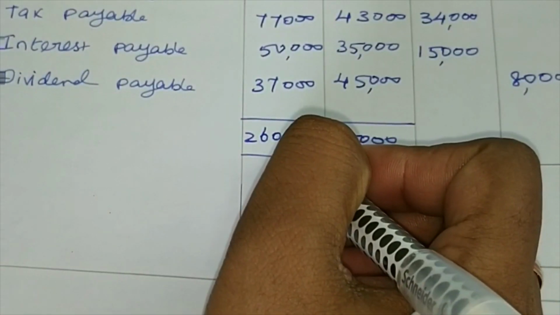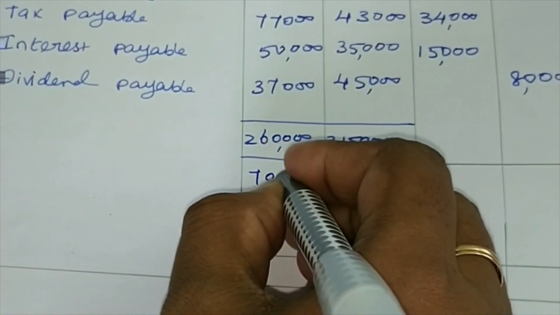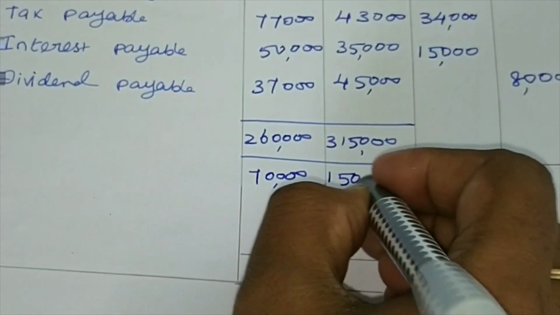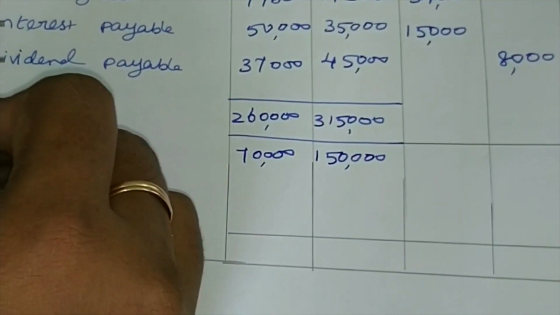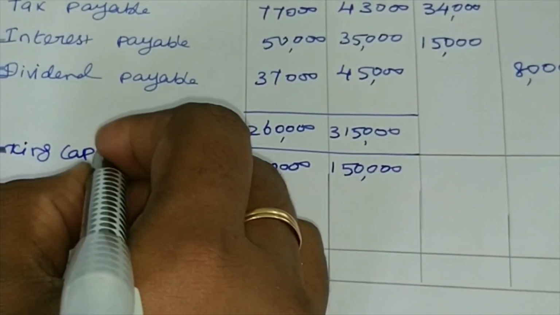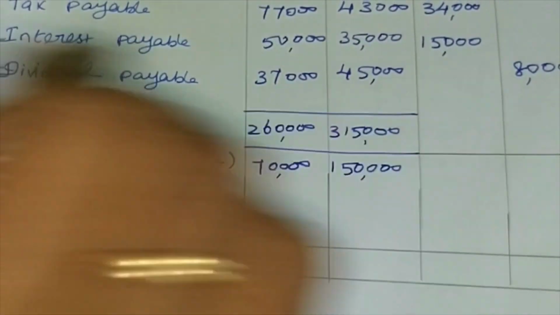Deduct current liabilities from current assets. Balance 70,000 and 1,50,000. That is working capital, current assets minus current liabilities.